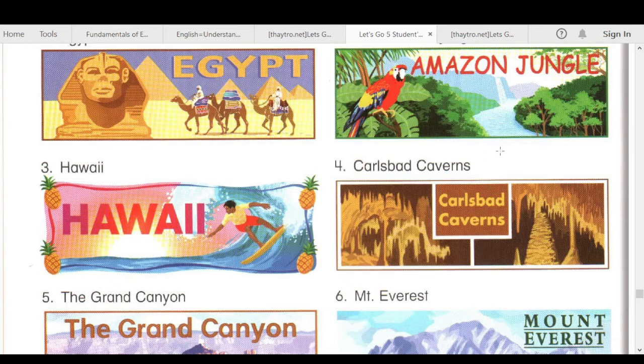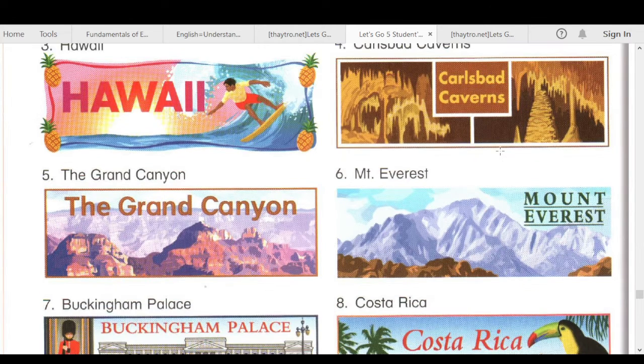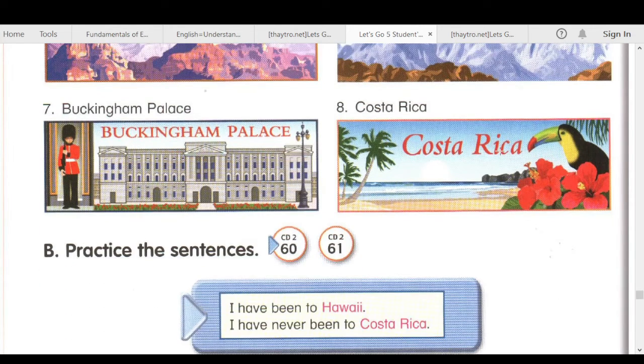Number 5. The Grand Canyon. Number 6. Mount Everest. Number 7. Buckingham Palace. Number 8. Costa Rica.